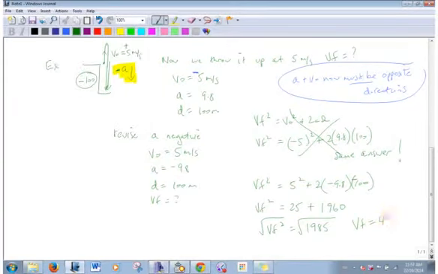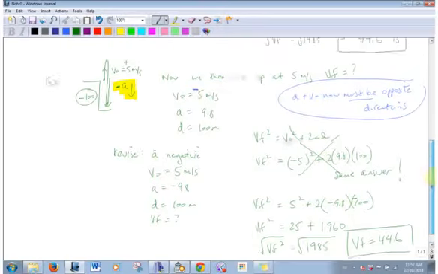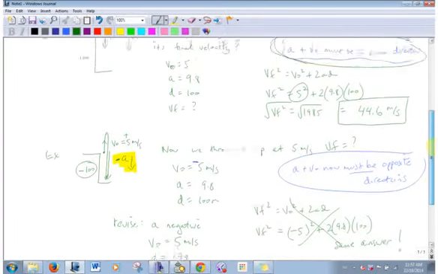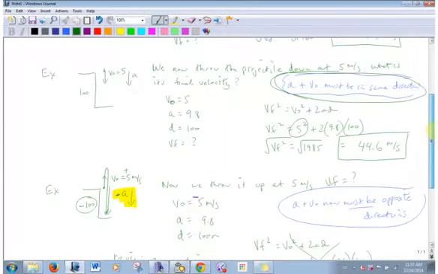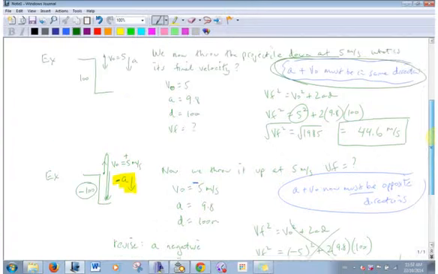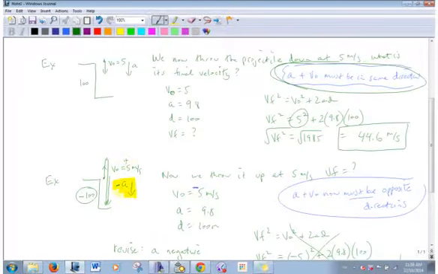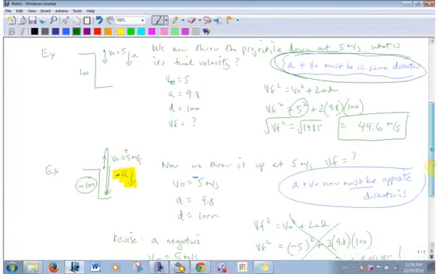Because this is what it is, brother. I got the same speed. Does that make sense? If I throw it down at 5, or I throw it up at 5, it ends up hitting the ground with the same speed. Huh, does it make sense?